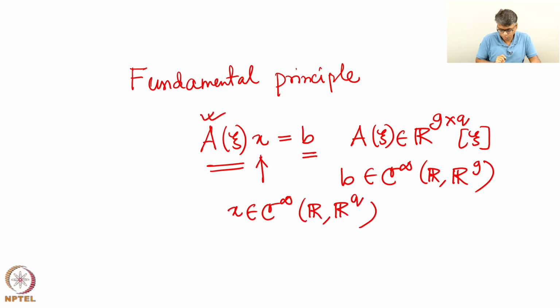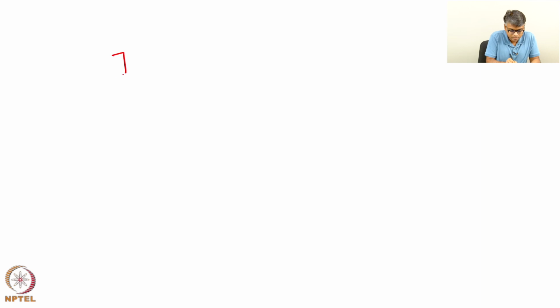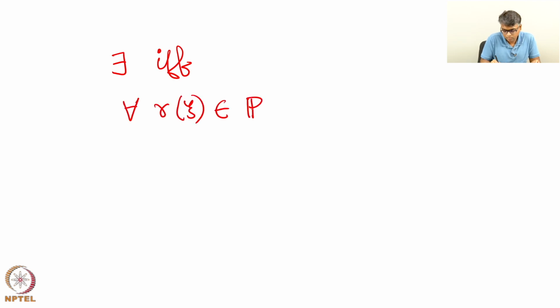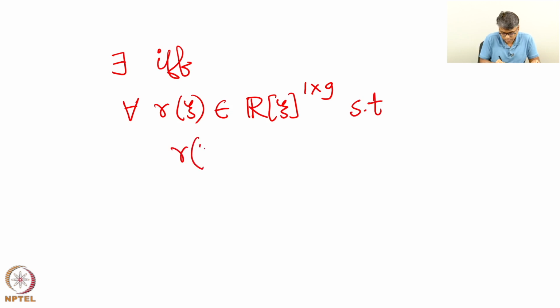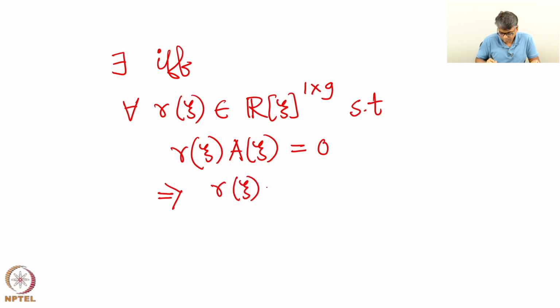The fundamental principle says that such a solution exists if and only if for all R(xi) in R^(1 x G) such that R(xi) A(xi) polynomially evaluates to 0, we must also have R(d/dt) B producing the 0 trajectory.